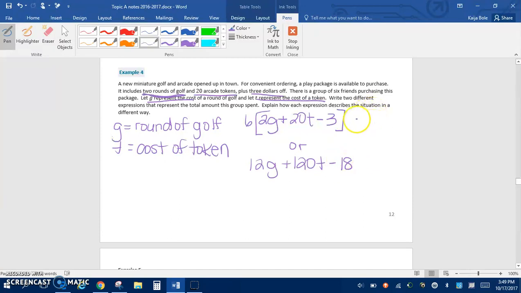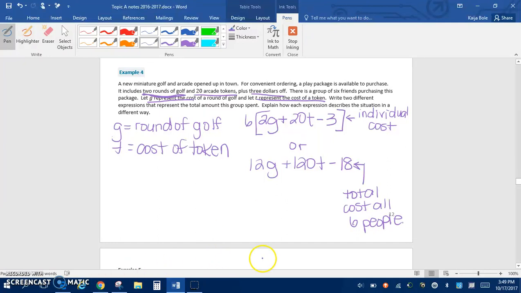So the difference is that the top one is more of the individual cost, and the bottom one would be the total cost of all 6 people. Alright, the first one is a factored form, and the second one isn't. That's also another difference.